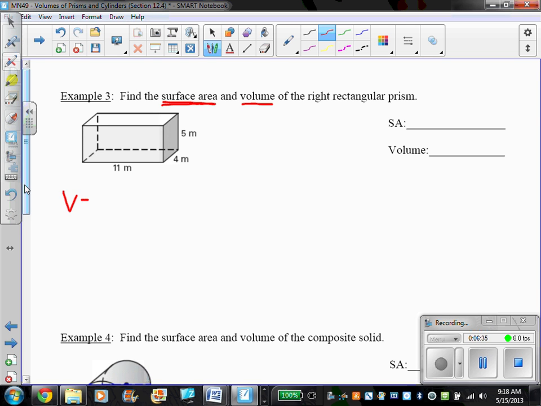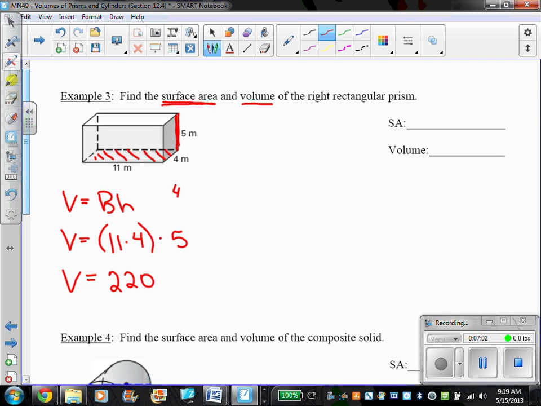So the volume is, again, base times height. The base for this rectangular prism is here, and that's going to be 11 times 4. So find the area of that rectangle, and then we're going to multiply it by the height of 5. So the volume here, 11 times 4 is 44, times 5 is going to be 220.